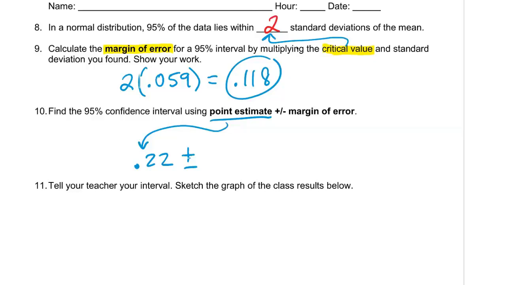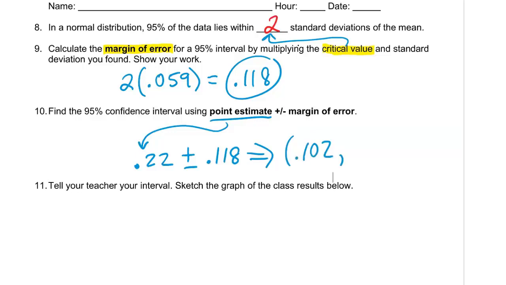Okay, so it's going to give us a low endpoint and a high endpoint. If I do the subtraction, I get 0.102, or about 10.2%. And now if I add it, 0.338.